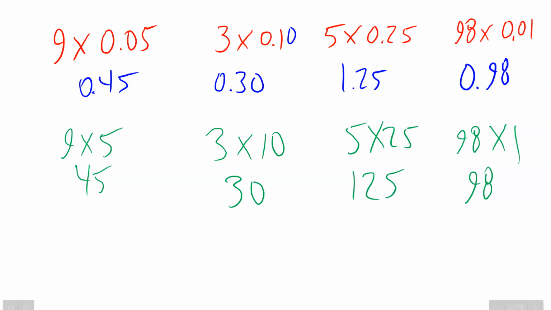Looks like I have a pattern here. 9 times 5 is 45, 3 times 10 is 30, 5 times 25 is 125, 98 times 1 is 98. But what if I didn't add these here? Then I have 3 times 1. Oh, that's still 3. So it still works.